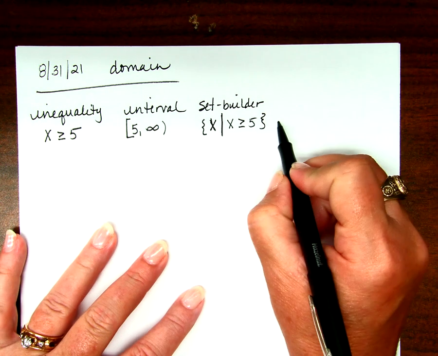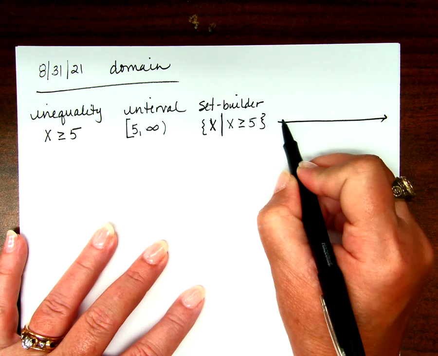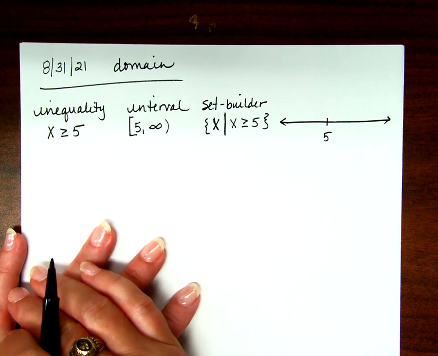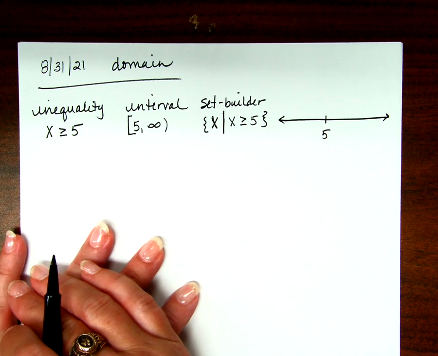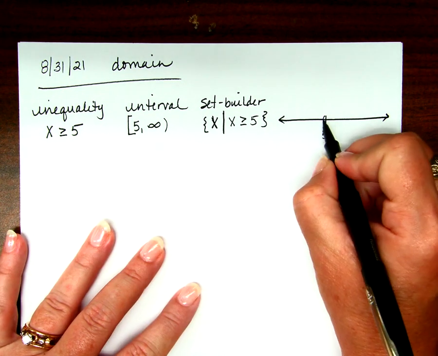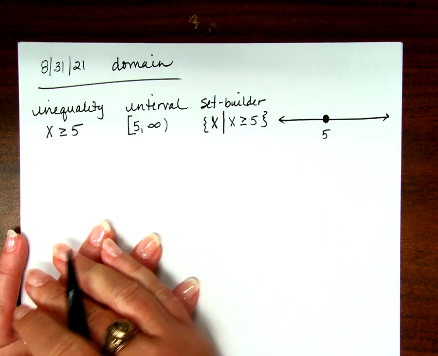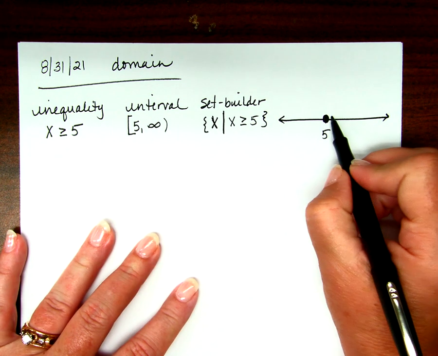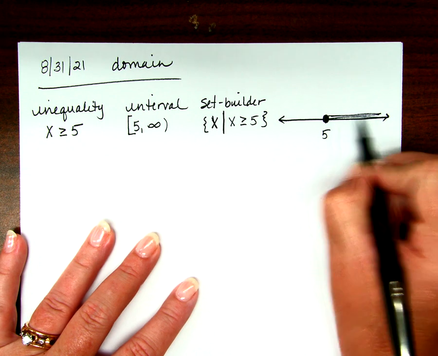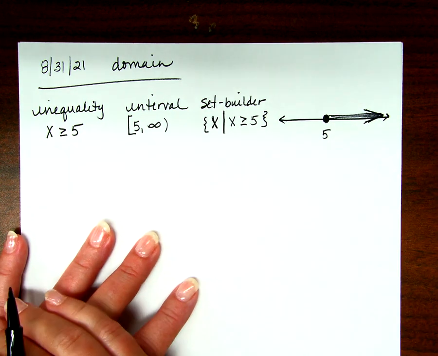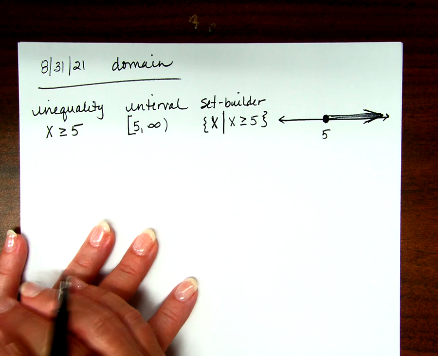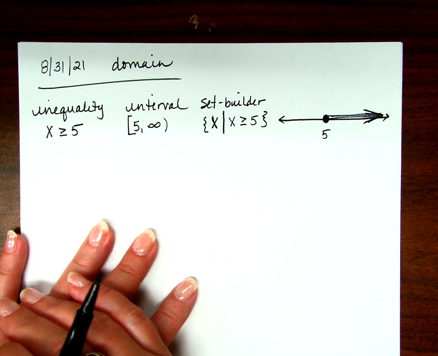Okay? What would that look like on the number line? Well, there's 5. It would be a colored in circle with an arrow going which direction? To the right, because that's where greater than is, right? Now, remember how I told you sometimes I know where we're going, so I have to add a couple things in to help you out?